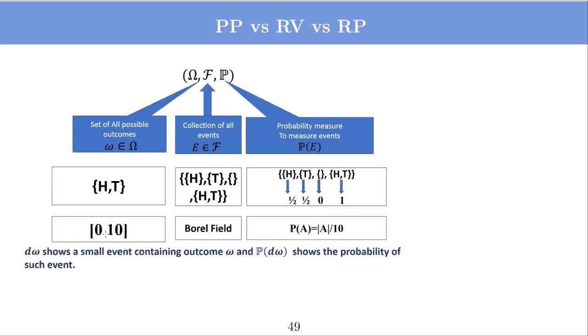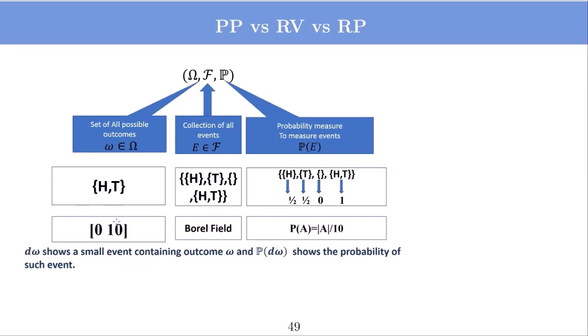Similarly, I can have another example where I am picking one number between 0 and 10. In that case, the sample space is between 0 and 10. Each outcome is one number between that. And the sigma algebra will be the Borel sigma algebra on this, which contains each possible subset of this. Here, a subset means any interval in between, or any union or intersection of intervals between them.